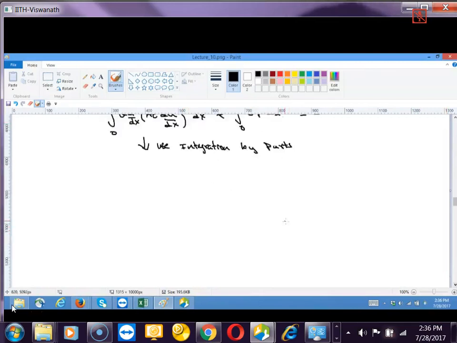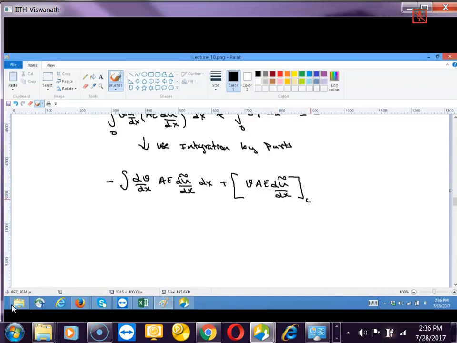If you are using integration by parts, then I can rewrite it as minus dv by dx times AE du tilde by dx, plus v AE du tilde by dx substituted at 0 and L, plus the third term, integral from 0 to L of p v dx.